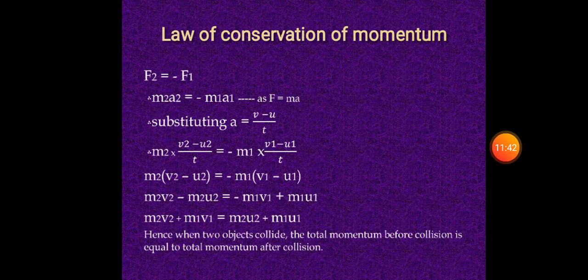Hence, when two objects collide, the total momentum before collision is equal to total momentum after collision. The magnitude of total final momentum is equal to the magnitude of total initial momentum. Thus, if no external force is acting on two objects, then their total initial momentum is equal to their total final momentum.